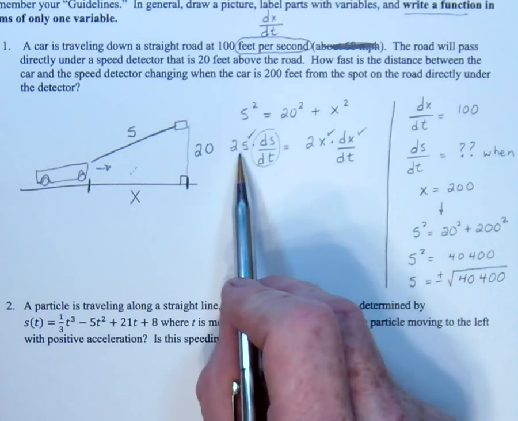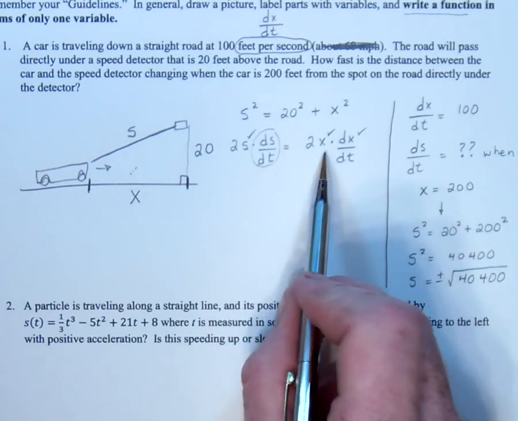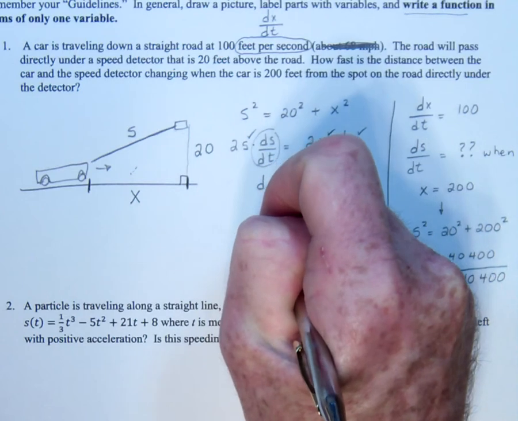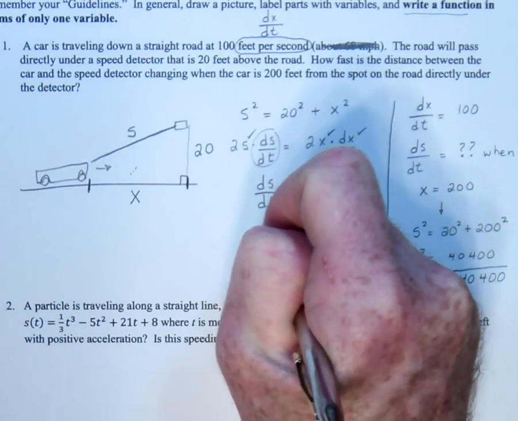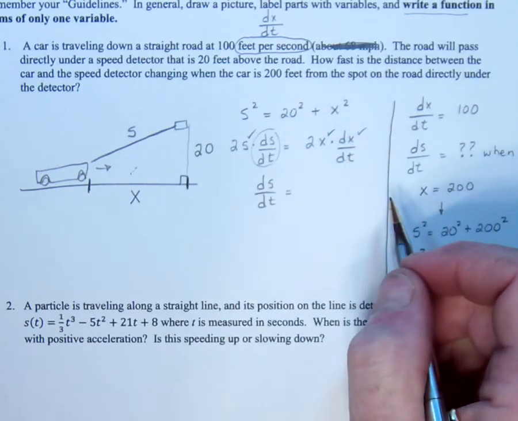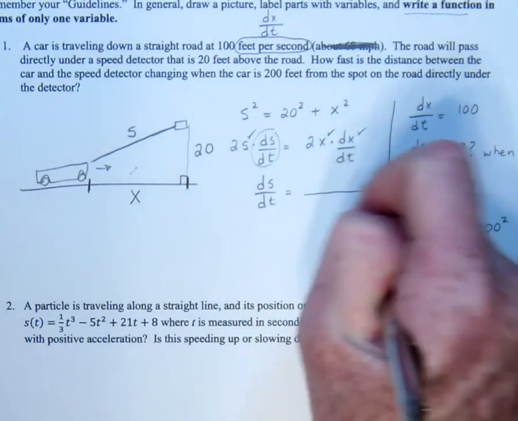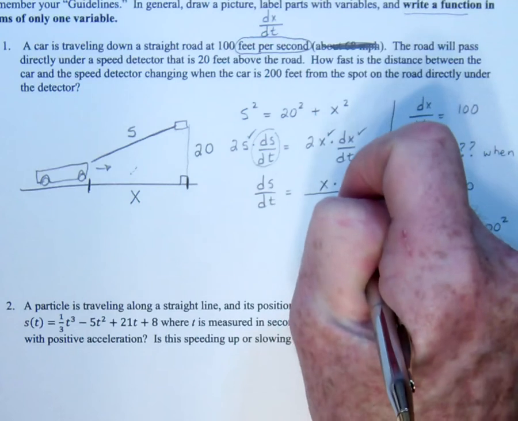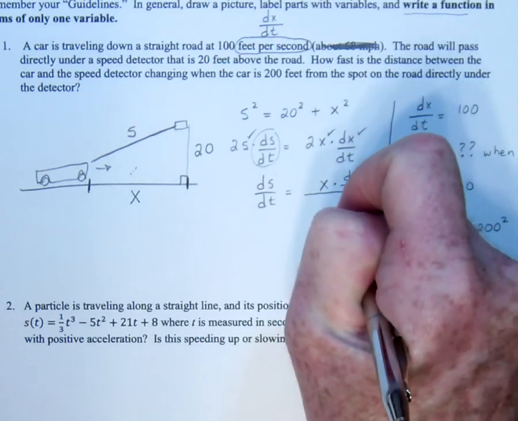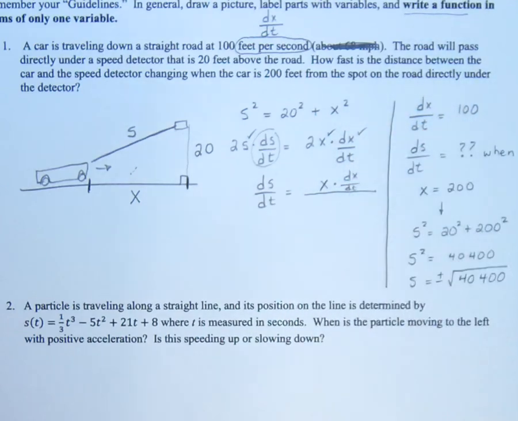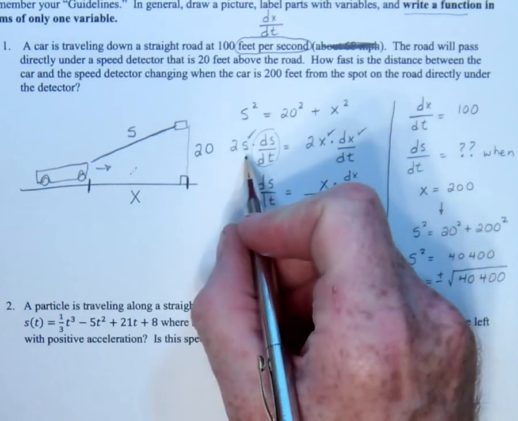So I need to divide by 2s, so divide both sides by 2s. It's going to leave ds dt on the left side. When you divide, the 2's are going to cancel, so this side is going to say take x and dx dt, divide both sides by s.